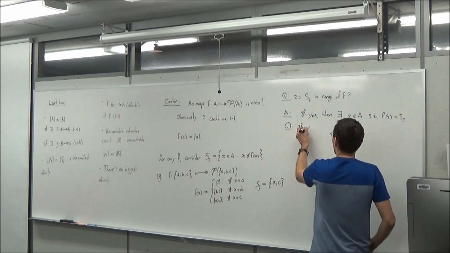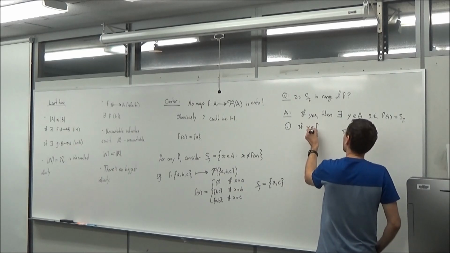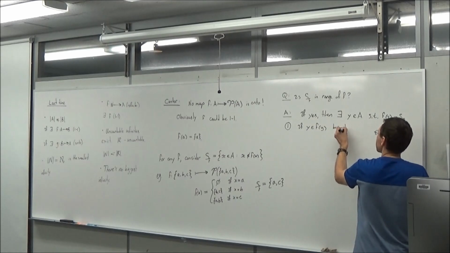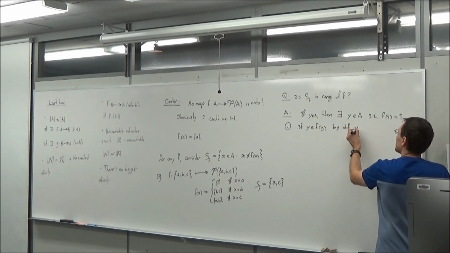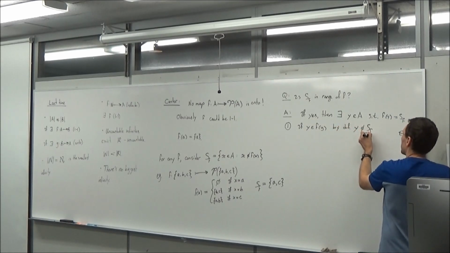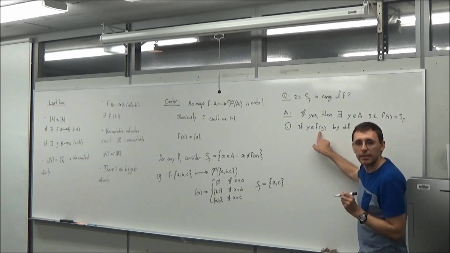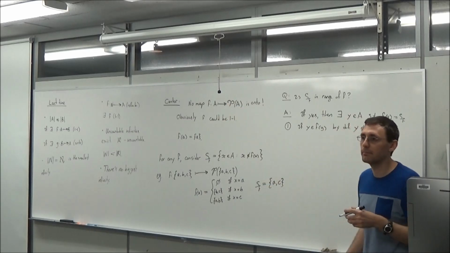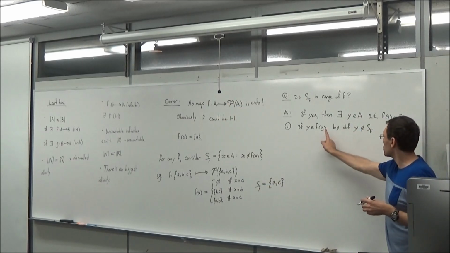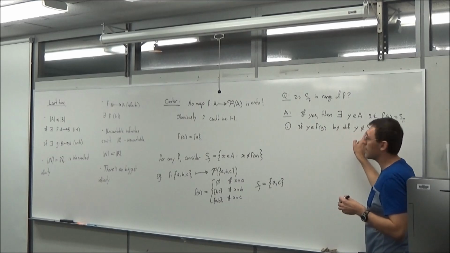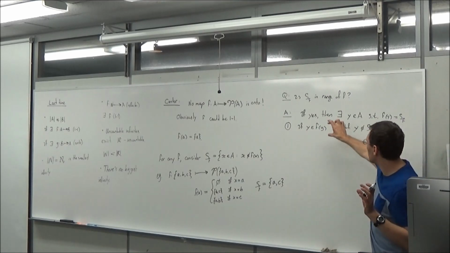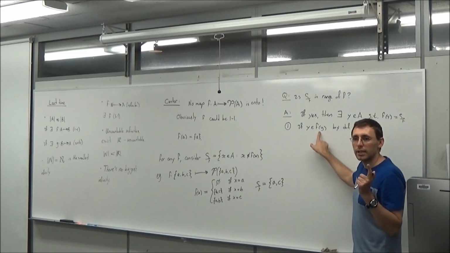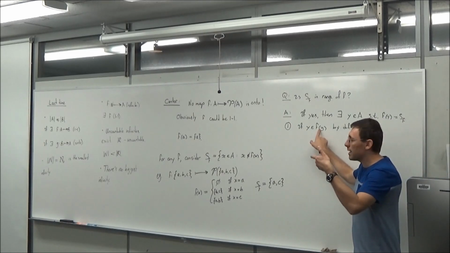If y belongs to f of y, by definition, y doesn't belong to S sub f, because S sub f only gathers the candies that I don't find in the boxes that I receive when I point at them. Yes? You see that if y is here, then y is not there. So it cannot be that f of y and S sub f are the same sets. They differ at least on one candy. In one case, y is inside the box.